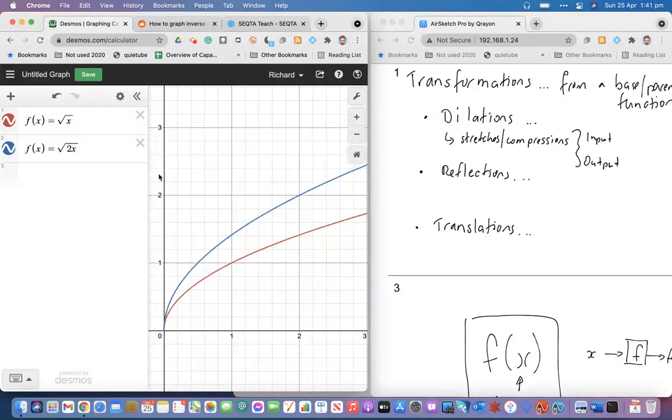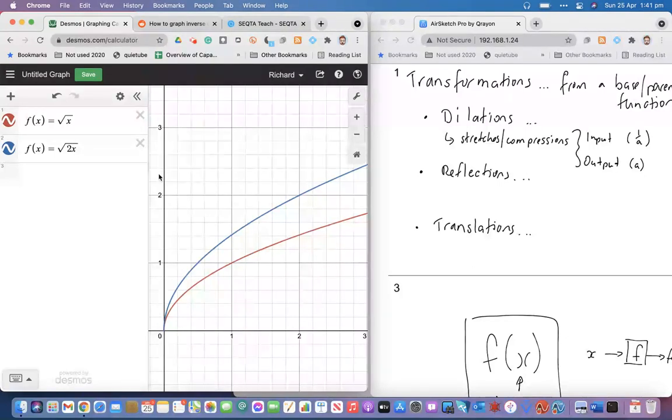But when you have it for the output, the dilation factor is just, say for example, a. But for the input, the dilation factor is 1 on a. Okay, because of the way it operates. Okay, so that's covering dilations and an introduction to transformations.